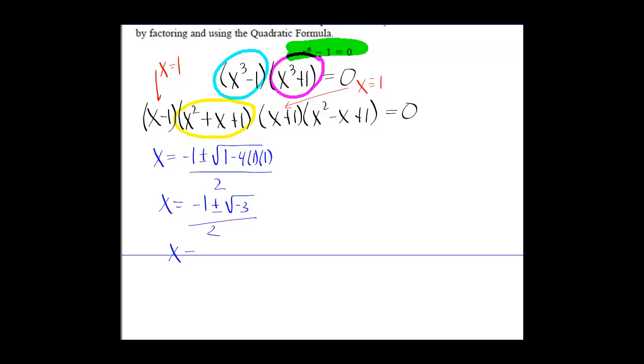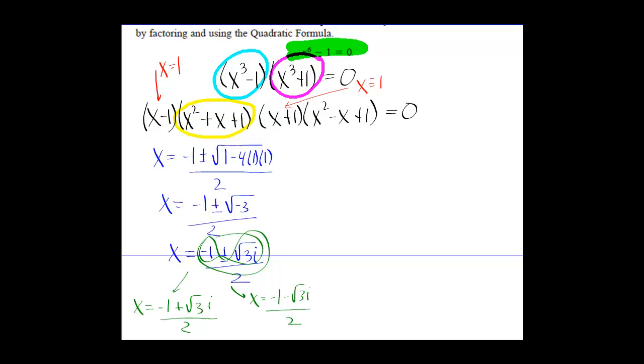So x comes out to negative 1 plus or minus root 3i all over 2, which remember actually accounts for two different solutions. The first one being x equals negative 1 plus root 3i all over 2. And the second being negative 1 minus root 3i all over 2.